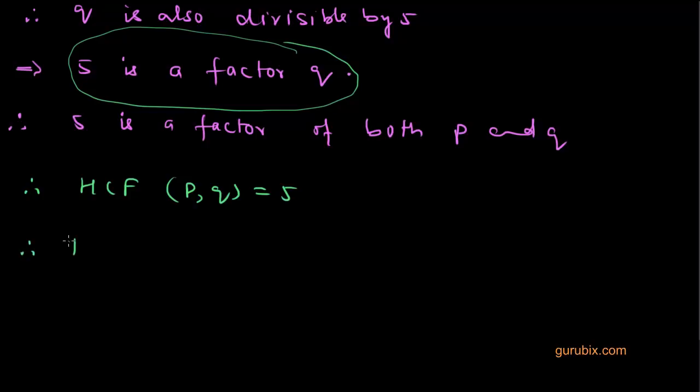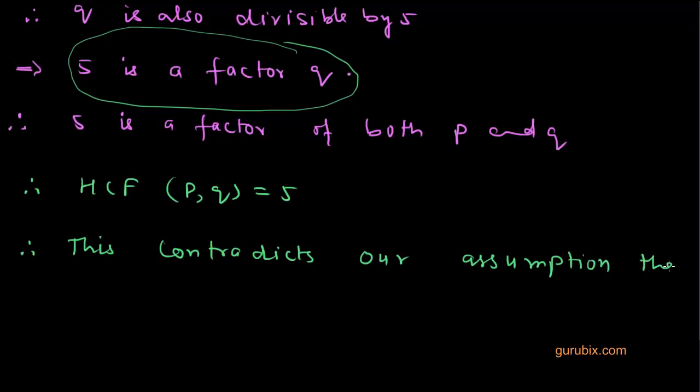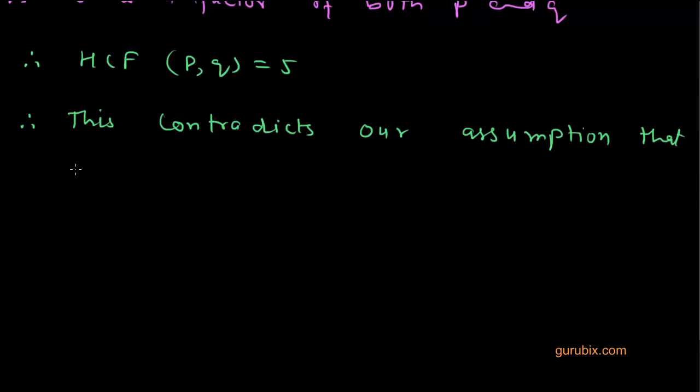This contradicts our assumption that root 5 is rational. Therefore, root 5 is an irrational number.